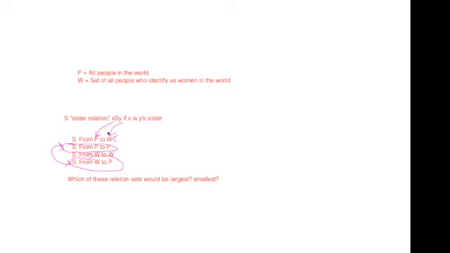So all of the men in set P are not going to be in this relation at all, because they're not the sister of anybody. Whether the first one is P or W doesn't really affect anything, but we do get an effect with the second one, because the larger we make the second set, the more possibilities we have for matching brothers and sisters, and sisters and sisters, and so on.